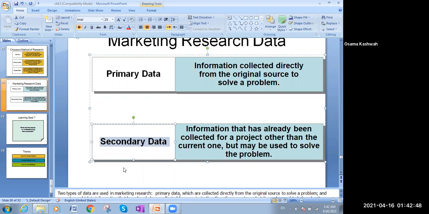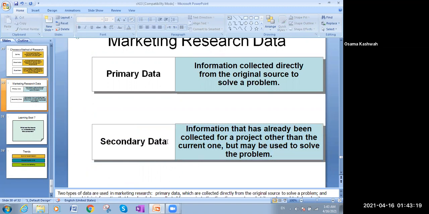But if there was a factory that works in detergents in Mississauga, and there is data about their sales in the last 10 years, then this we call secondary data. Secondary data is information that has already been collected before for a project other than the current one, but may be used to solve the problem.